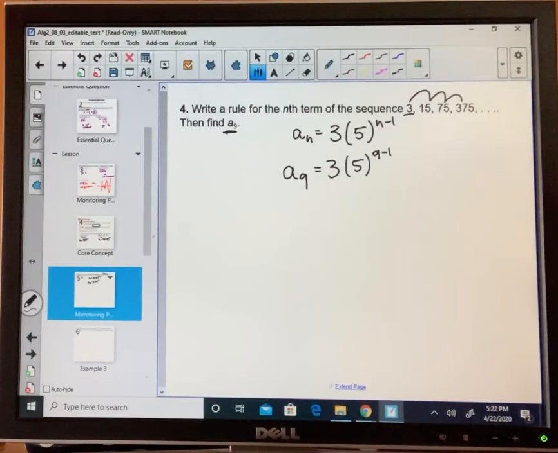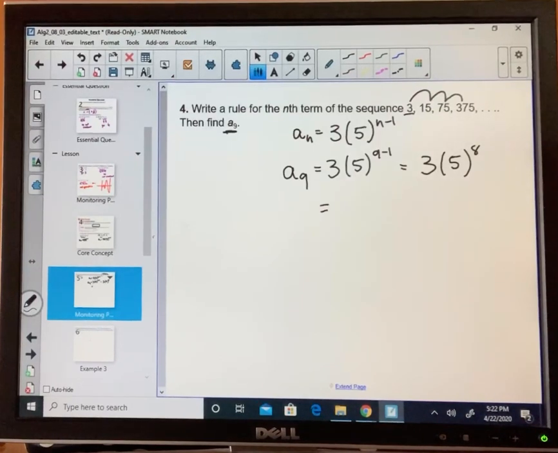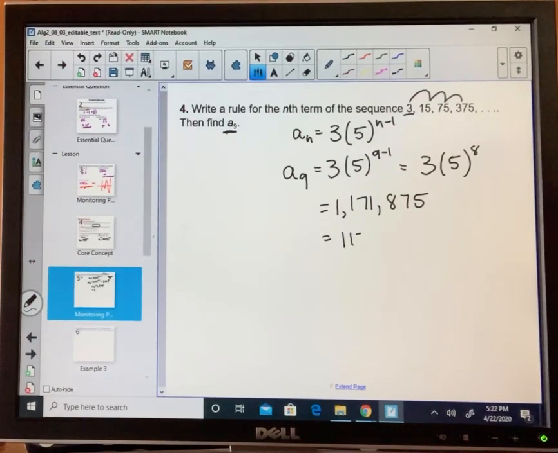So this would be 3 times 5 to the power of 8, which would be a really big number. Let me plug it into the calculator again. 5 to the 8 times 3, and I get 1,171,875.